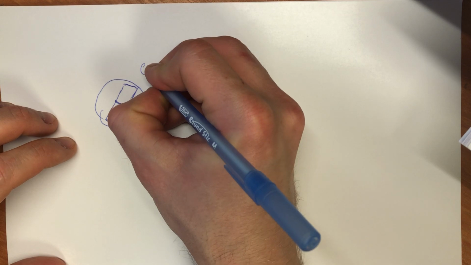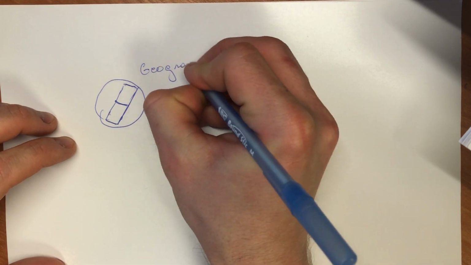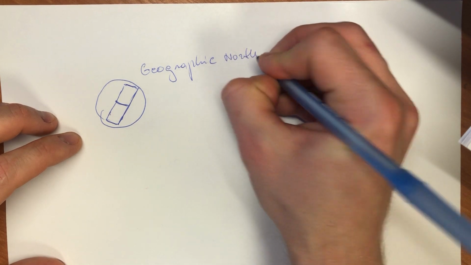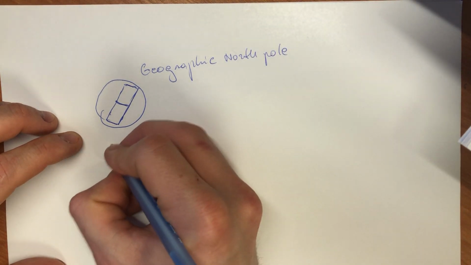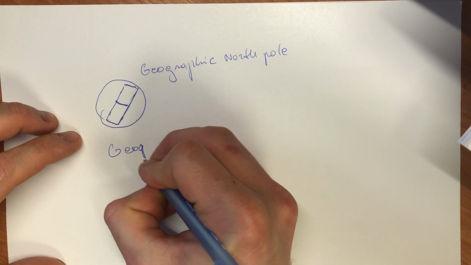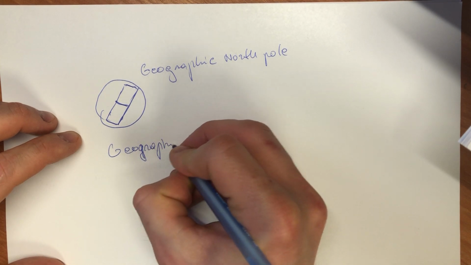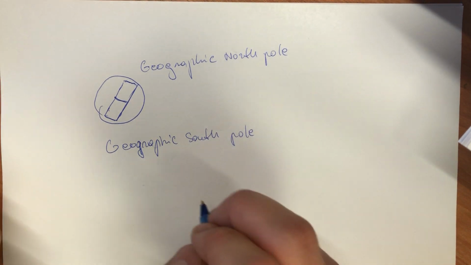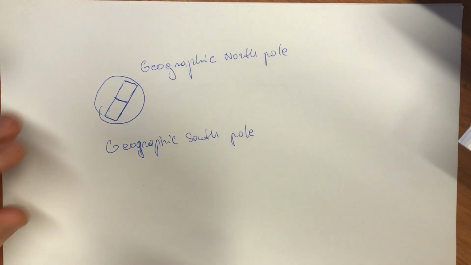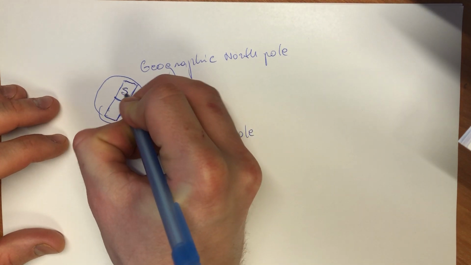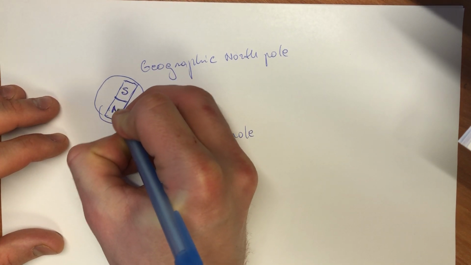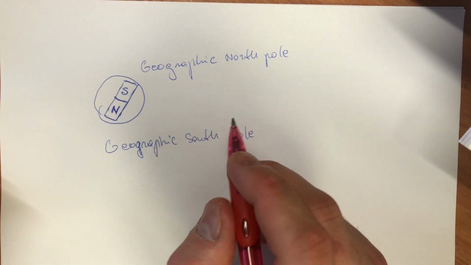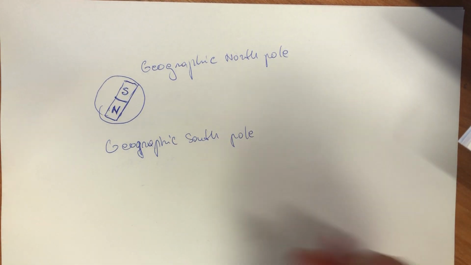This would be the geographic North Pole, and this would be the geographic South Pole. If we imagine the magnetic field, in the geographic North Pole there is a magnetic pole south.